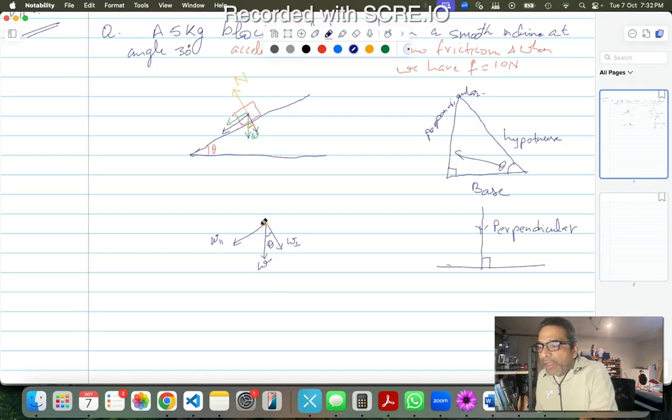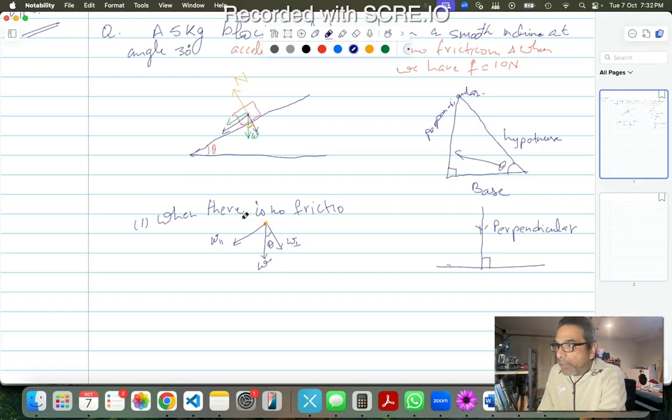In the first case, there is no friction, or friction is negligible, whatever it is.